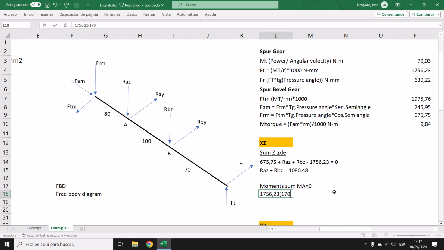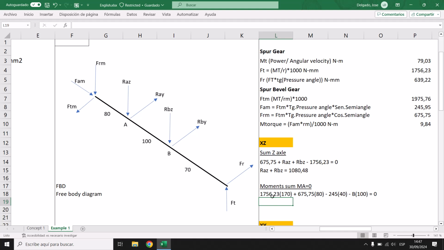I'm going to explain this, but just put it faster. 675.75 equals, with 40.